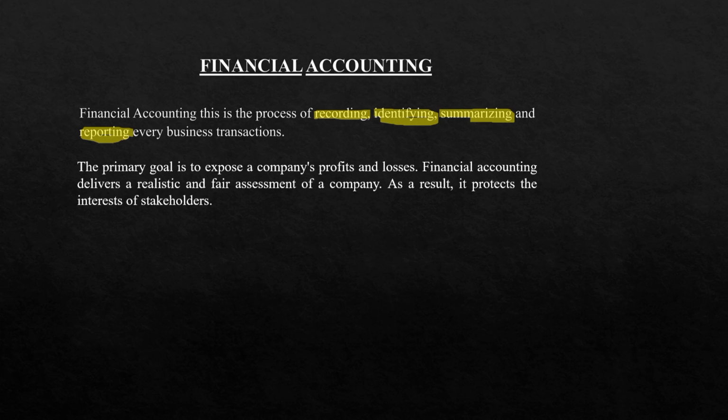So it's only by so doing that you can tell that your company is making profits or losses. Minus recording, you can't tell whether your company is making profits or losses.